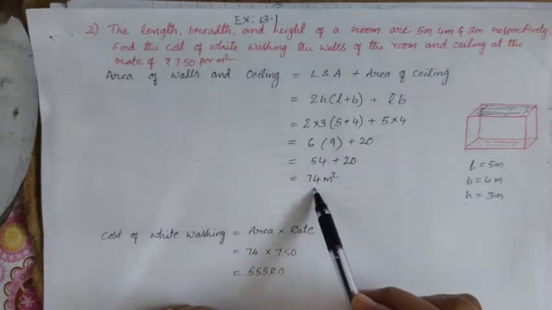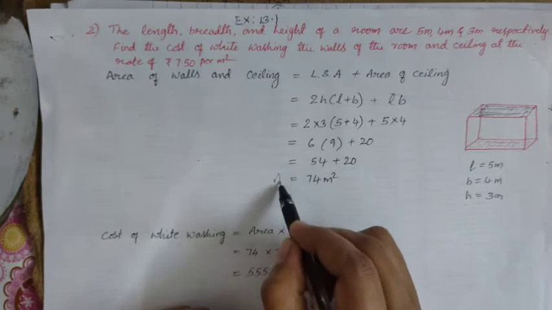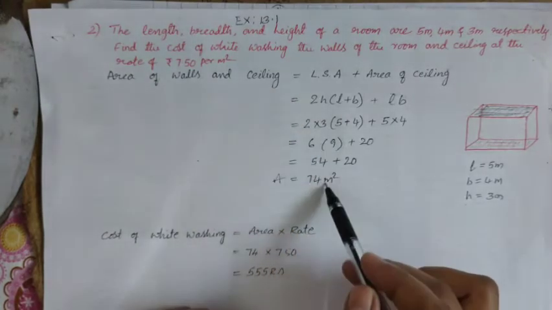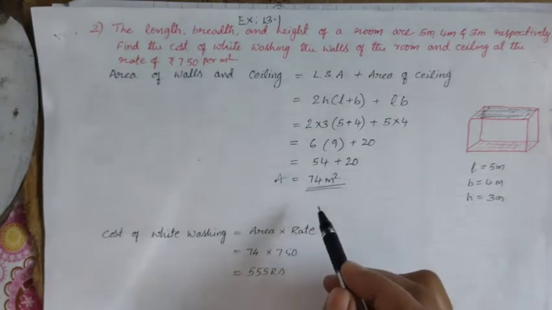Add these two, we get the area of the 4 walls and the ceiling as 74 meter square.